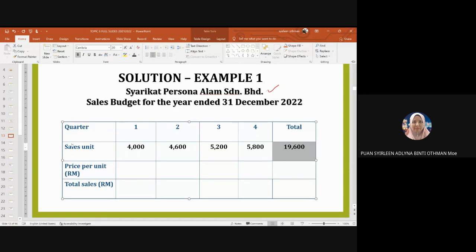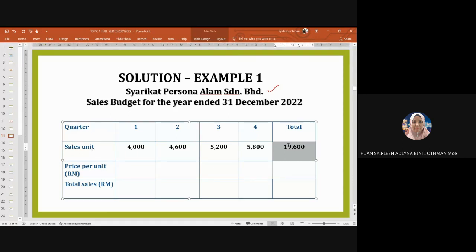Okay, so not every time your sales budget is going to be like this. Sebab yang ni kita buat untuk quarter based on the requirement of the questions. Kalau kita buat ikut bulan, so dekat atas ni dia akan jadi month lah. It's not quarter anymore. Dia akan jadi month. So yang ni maybe January, February, March and April. Lepas tu total contoh. Okay, so kita kena tengok soalan.